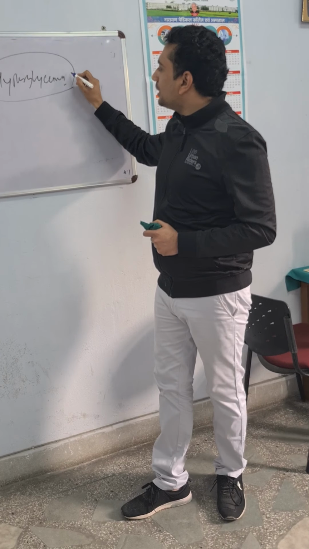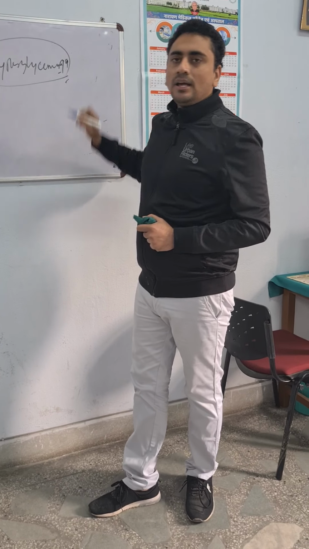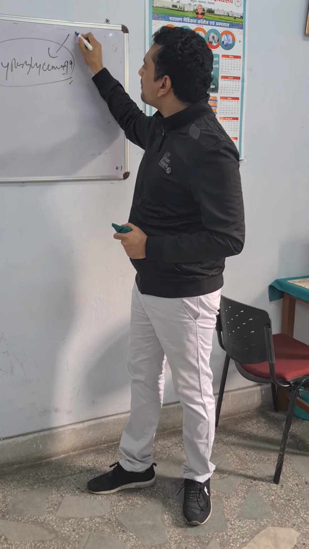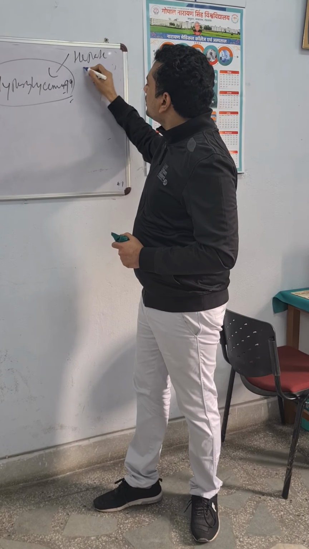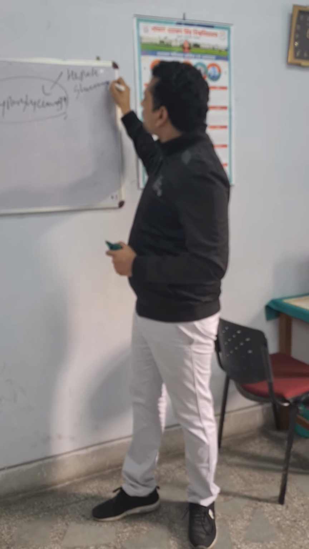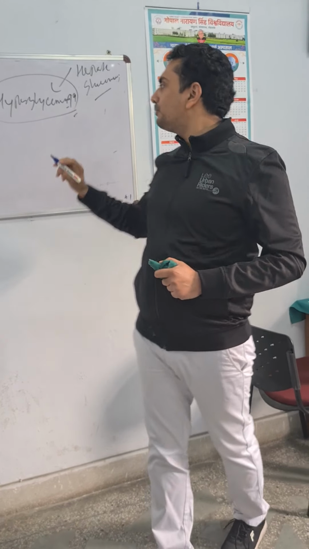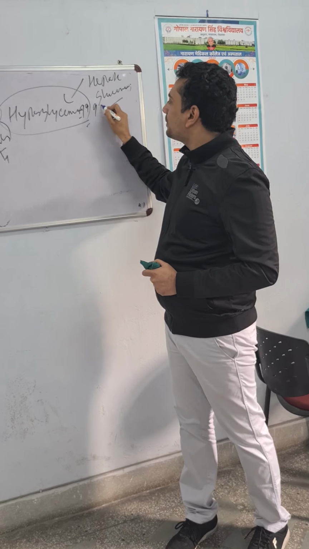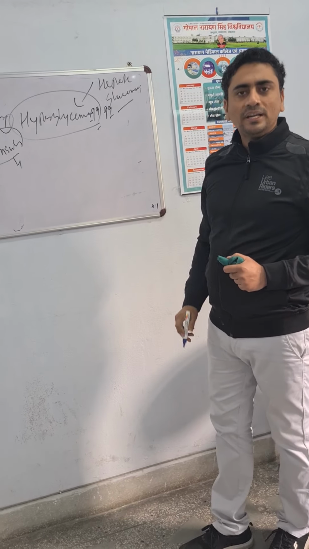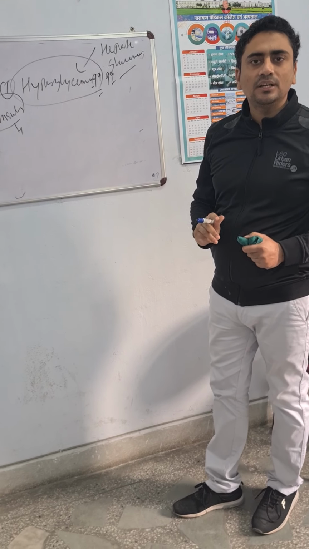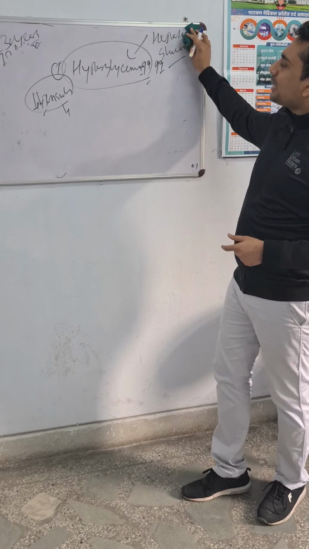So obviously that will increase the blood glucose level, and there will also be increased hepatic gluconeogenesis. The liver will synthesize more glucose, and that glucose from the liver will spill into blood. That will further add to hyperglycemia. So these are the two main causes of hyperglycemia seen in a type 1 diabetes mellitus patient.